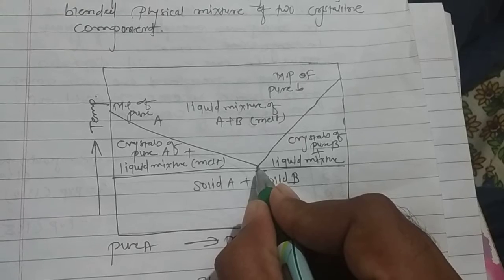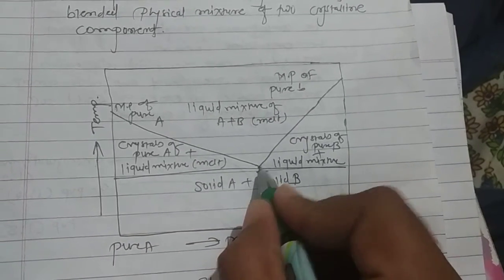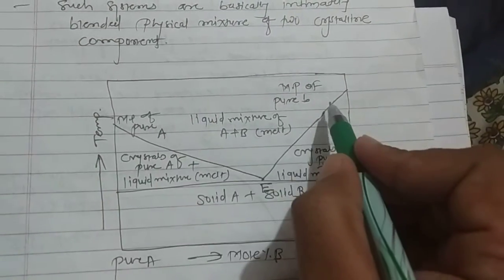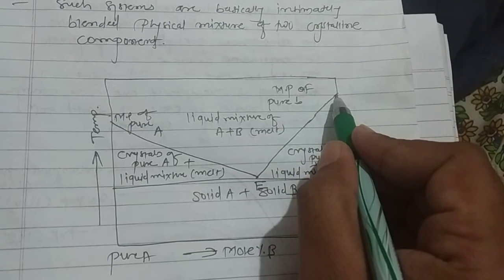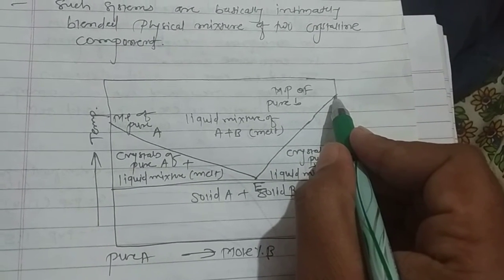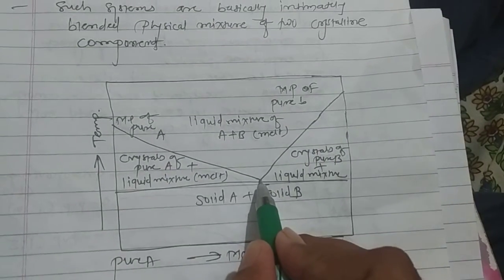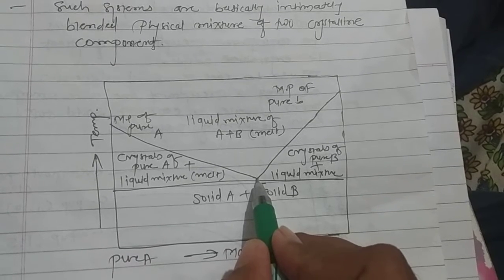So that is a eutectic point, lower than their individual melting point. The melting point of pure A component is here and the melting point of pure B component is here. But rather than going to their individual melting point, these two substances liquefy at a common melting point. So these are called eutectic mixtures.